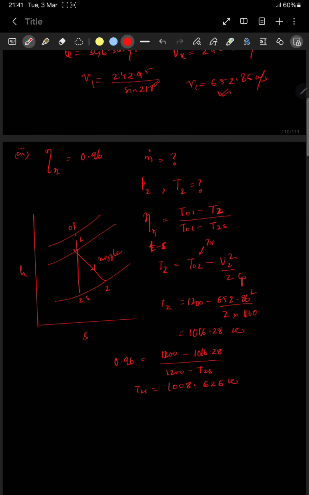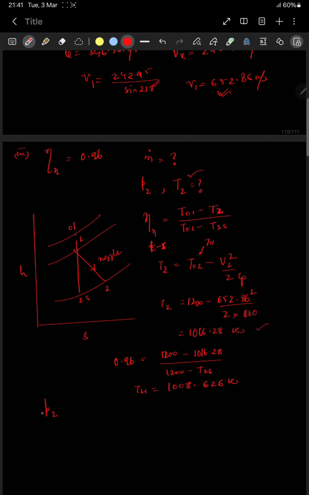This is T2s. Okay, now what we can do is that we can find out P2. This is one answer actually of T2.